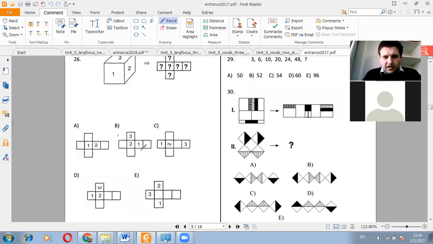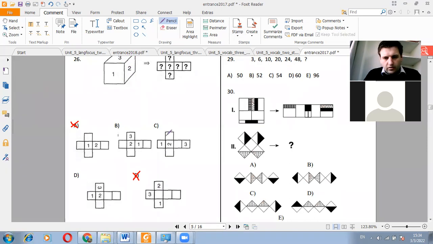And we take a look at the ones here, the obvious choices that are wrong. So we eliminate A because there is no number 3, obviously. We also can eliminate choice E because, again, there is a blank space here, which means if this was the correct choice, here on the top, one of the sides would be blank.